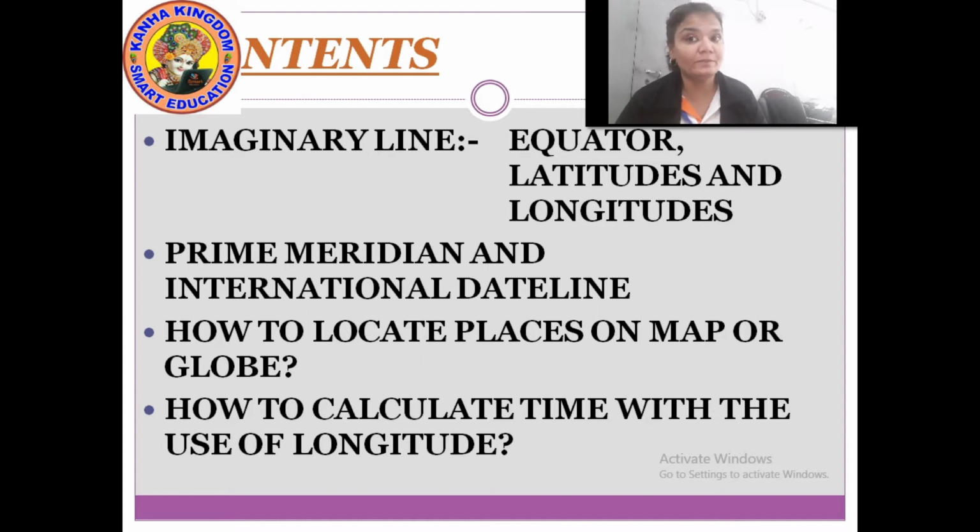Okay, now in today's session we will discuss the International Dateline, how to locate places on the globe or map, and how to calculate time with the use of longitude. Now, without wasting time, let's move to the International Dateline.